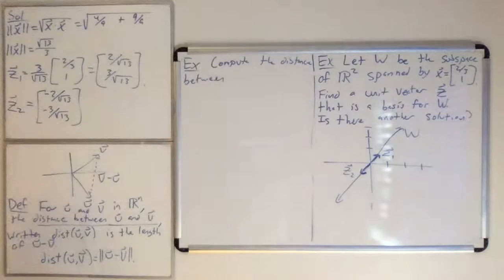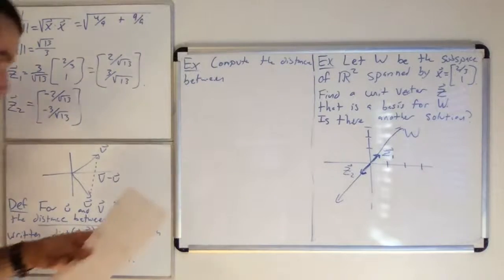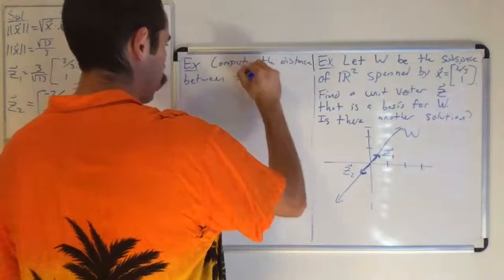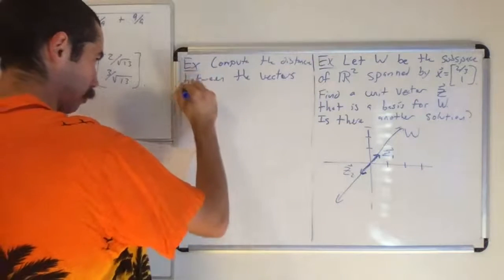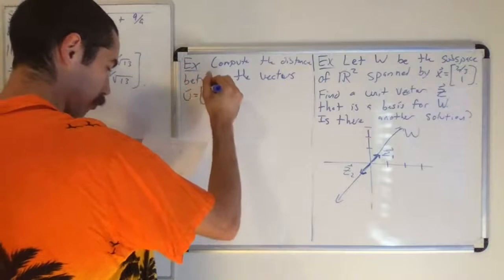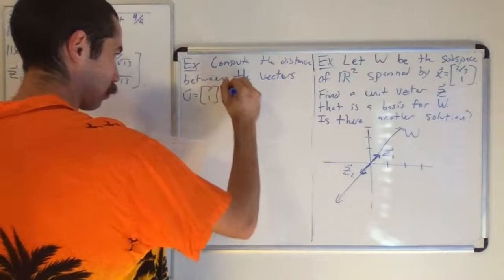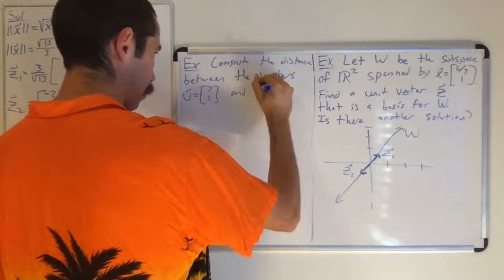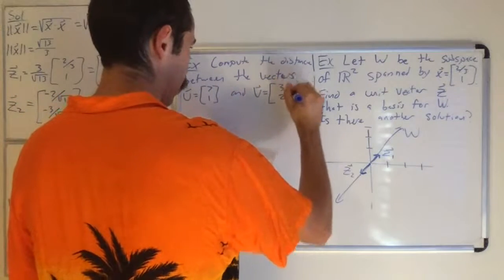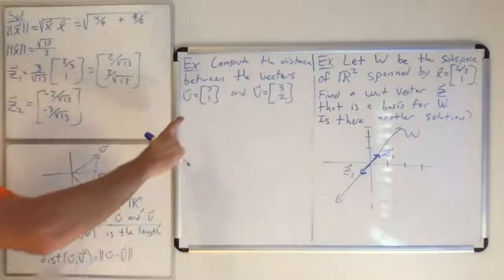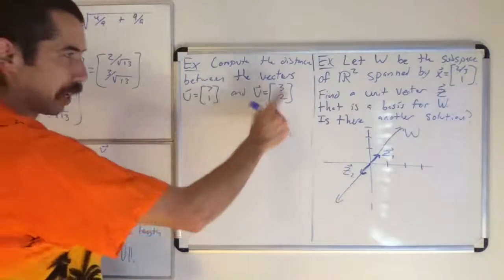I want you to compute the distance between the vectors u equals (7, 1) and v equals (3, 2).